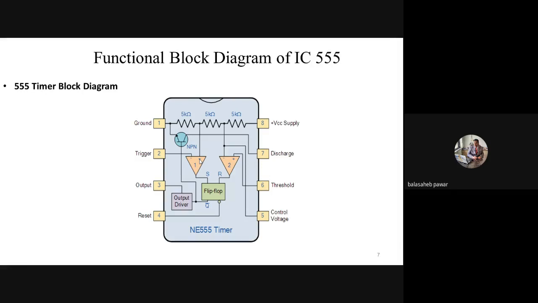If you apply the voltage divider rule, you will observe the voltage at the node of the first comparator, connected to its non-inverting terminal, will be equal to the applied VCC into 5K divided by the total resistance, which is 15K. So 5K divided by 15K is 1 by 3, and VCC remains as it is. So the reference voltage will be 1 by 3 times of VCC. Hence, if we take the example of 12 volt VCC, then the reference voltage for the first comparator will be 4 volts. Is it?